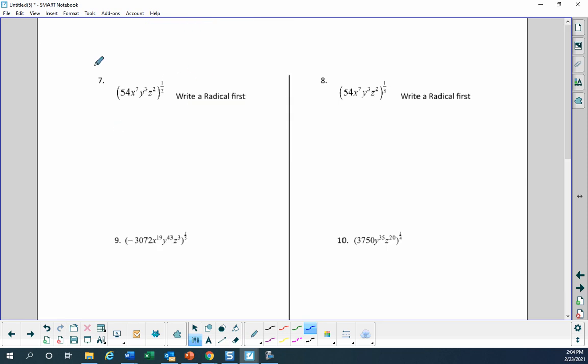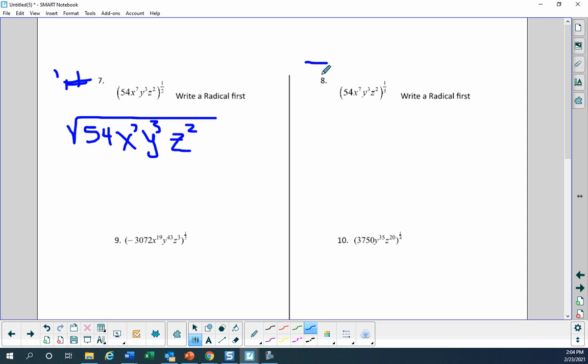And when you see them like this, it's the same thing. One half means the same thing as the square root of 54 x to the power of 7 y cubed z squared. So this is the same answer as number 1. Yeah?